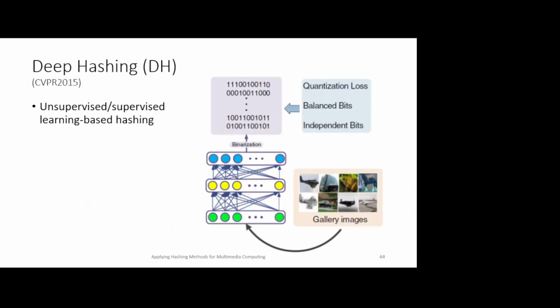Okay, so it's a very classic method, and a very efficient and effective way to generate binary codes without any label information. It's unsupervised and performs very effectively. Its performance is also comparable even with later methods.